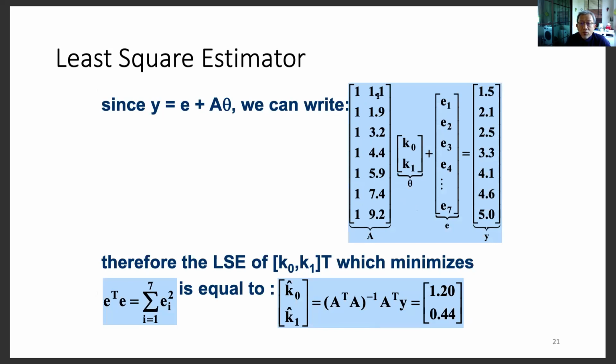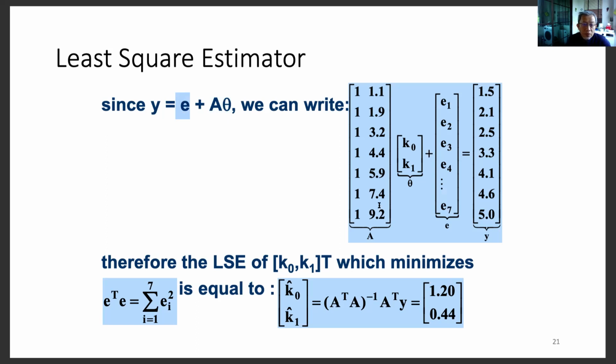Then this is the output 1.1, 1.9. And K0 and K1 is the estimated parameter, which is theta. So this one is A theta, then plus the E, the compensate error, and then equal to the output, 1.5, 2.1, 2.5, and so on.